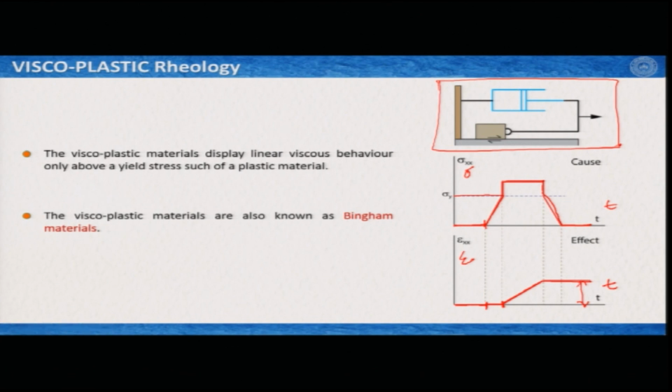So, I repeat, the viscoplastic materials display linear viscous behavior only above the yield stress when you are dealing with a viscoplastic material. So, therefore, if I do not look at this part, this behavior is essentially a behavior of linear viscous rheology.